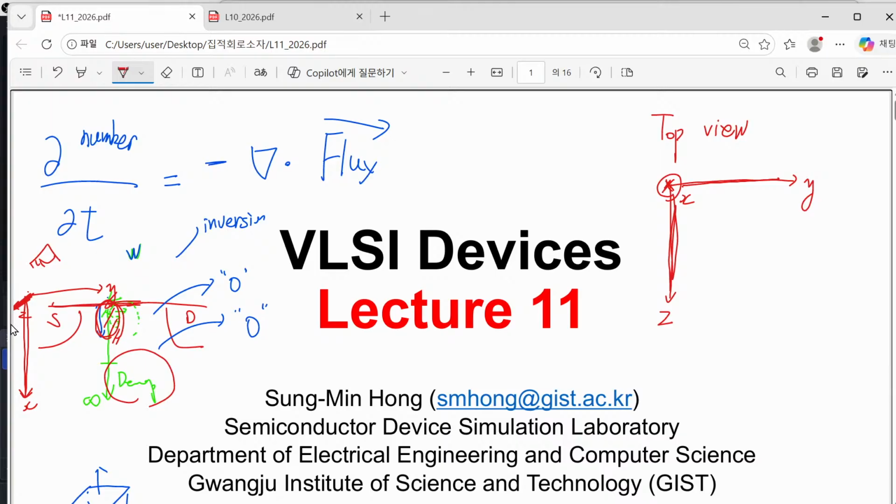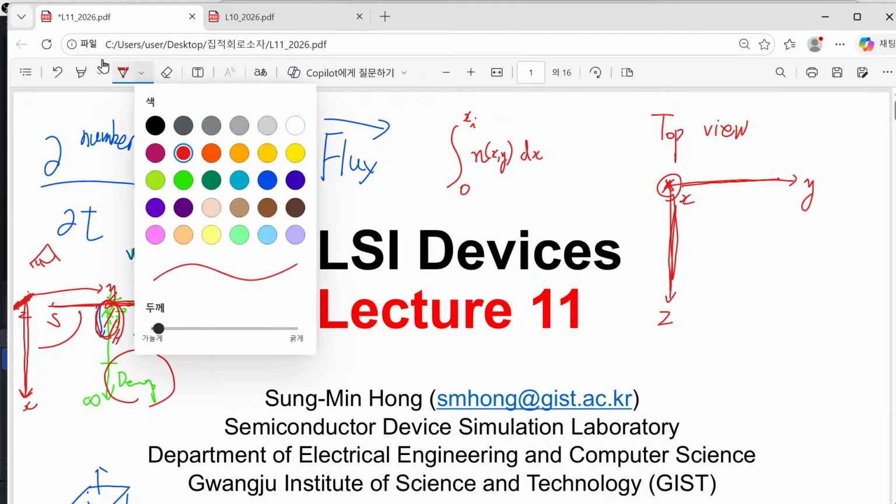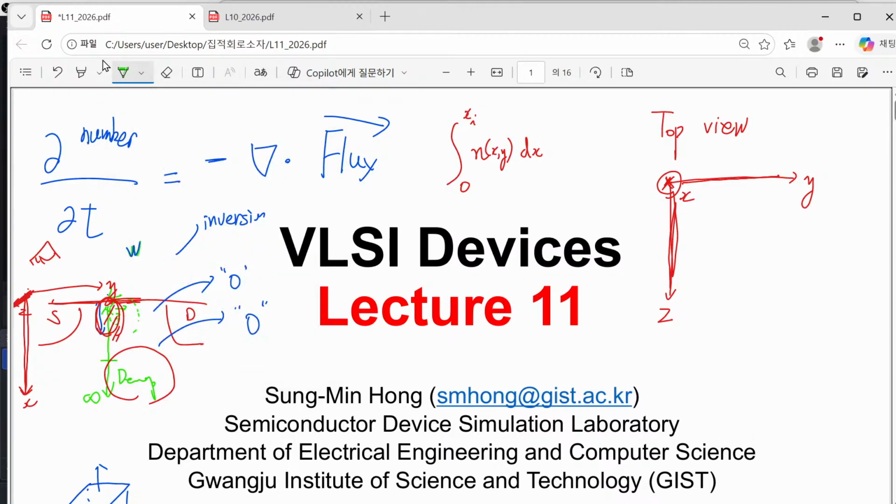This is the top view, and in this case the quantity we just introduced, the integration of electron density along the vertical direction, simply means how many electrons are found if we consider 1 centimeter by 1 centimeter.